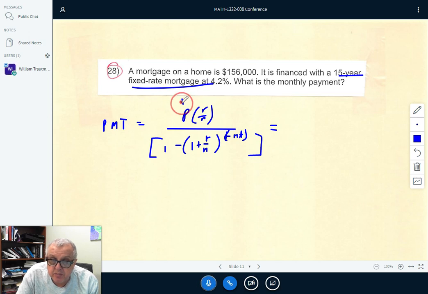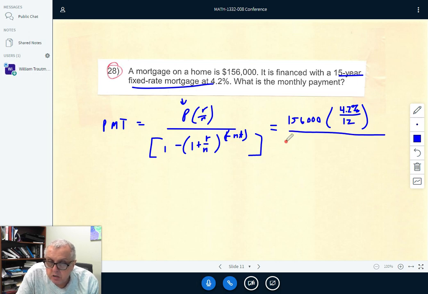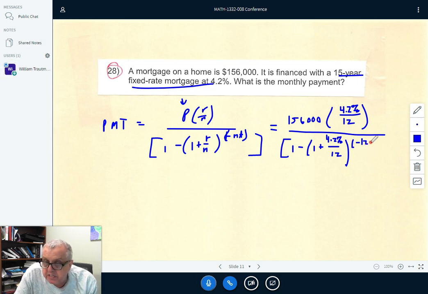This is the principal, not the payment. The principal is 156,000 times the interest rate, which is 4.2%, divided by monthly payment, so N is 12. 1 minus 1 plus the interest rate, once again, is 4.2% over 12, raised to a negative N. N is 12 and T is 15 years.